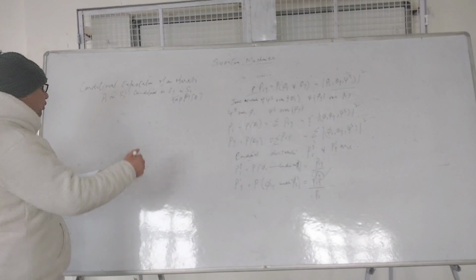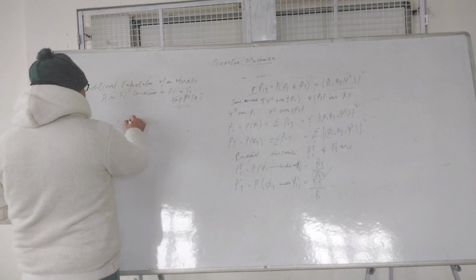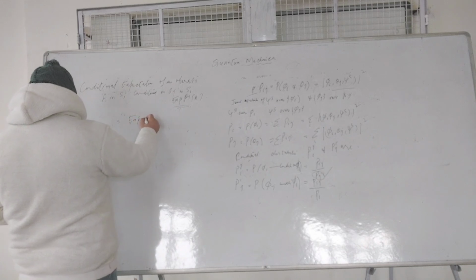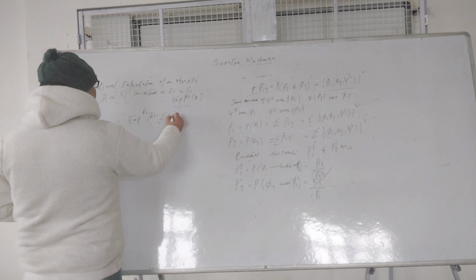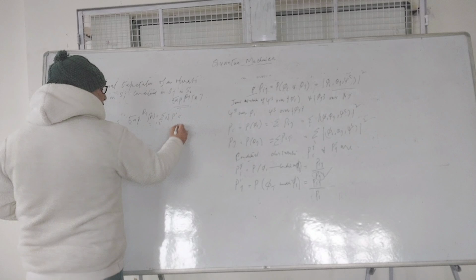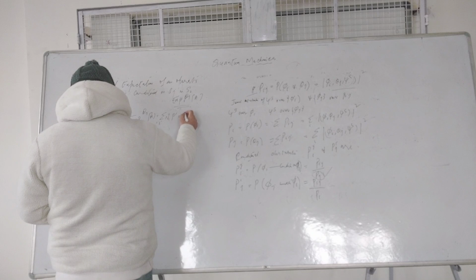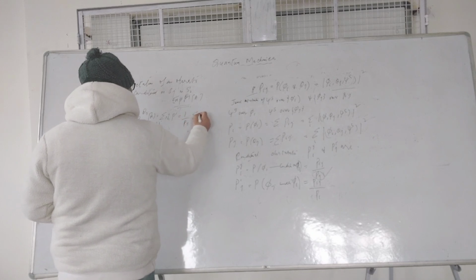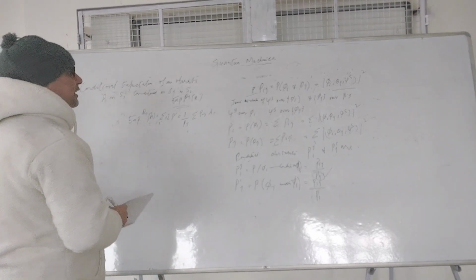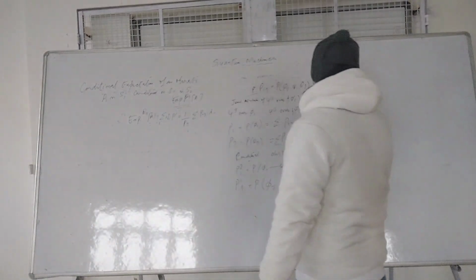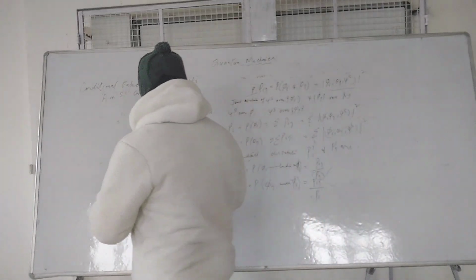For example, this conditional expectation can be written as 1 by pij sigma of pij lambda I, where pij is the total probability, which is the square of this inner product of this and this.